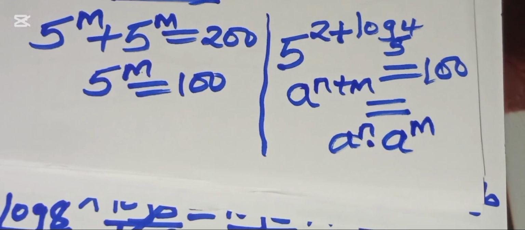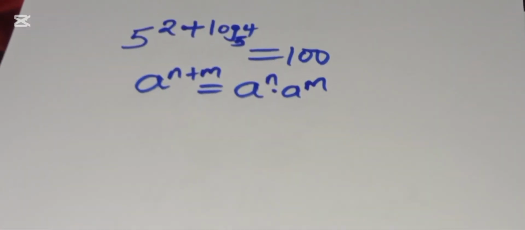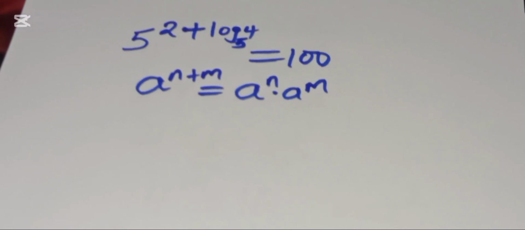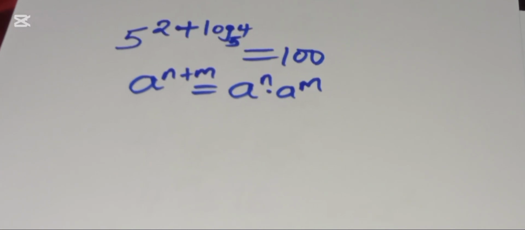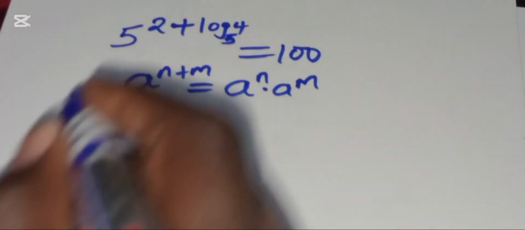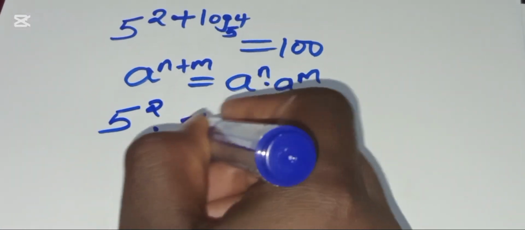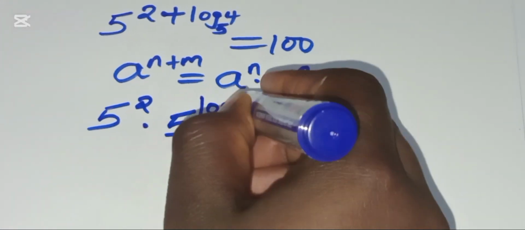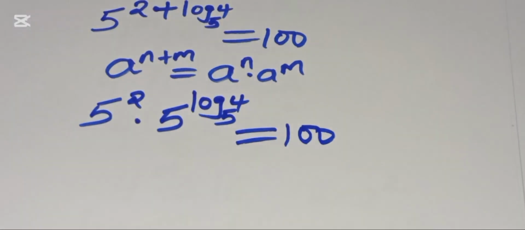So we're saying that 5 raised to power 2 plus log 4 to base 5, which is equal to 100, can be expressed as 5 raised to power 2 multiplied by 5 raised to power log 4 to base 5. This is supposed to give us 100.